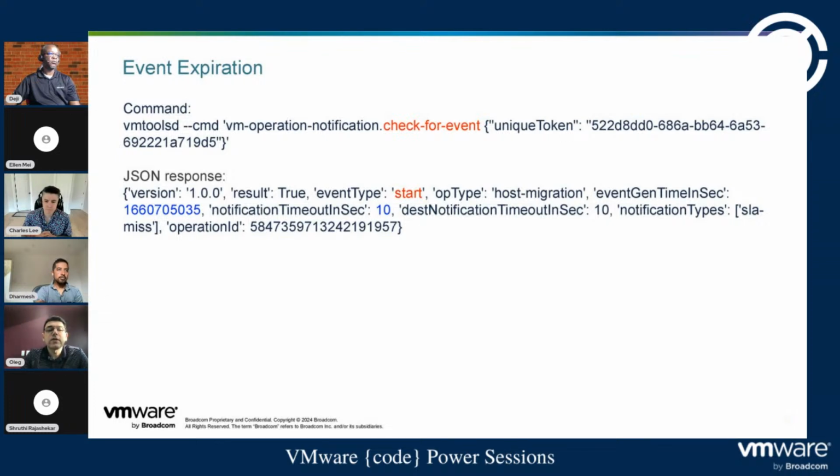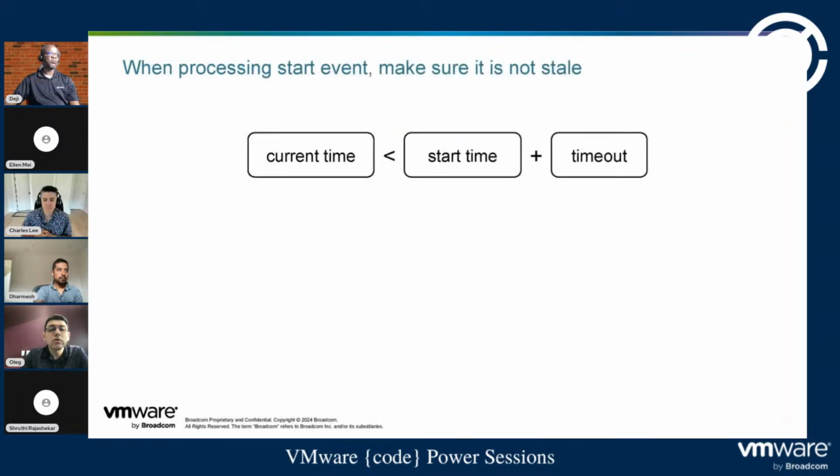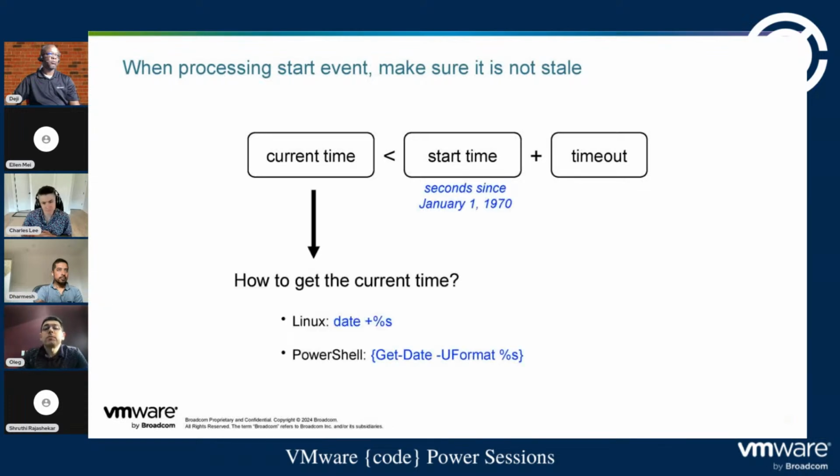So when you get the stacked event, you get the timestamp and timeout shown in blue on this slide. And what you can do is make sure that the stack time plus timeout is greater than the current time. Stack time is the number of seconds since January 1st, 1970.